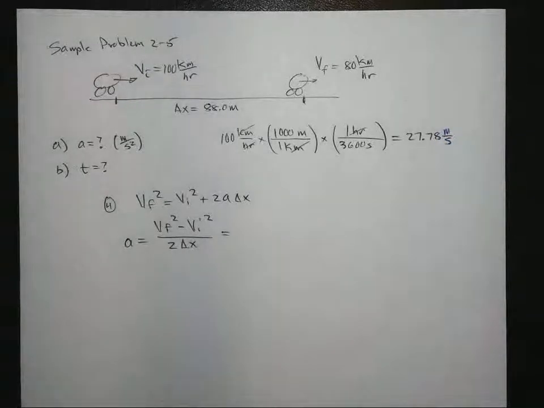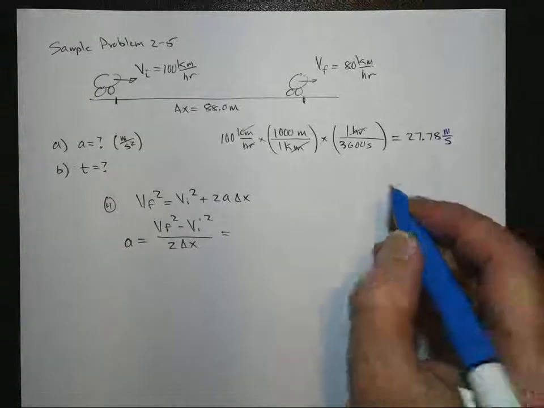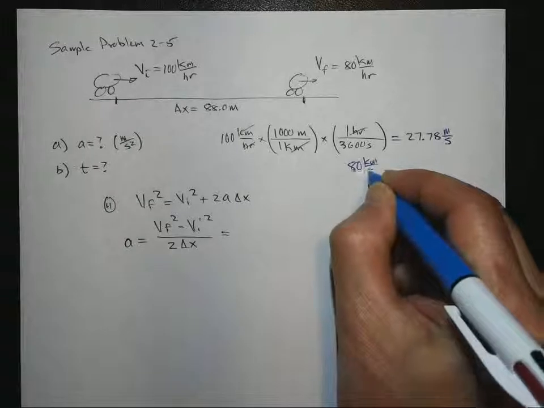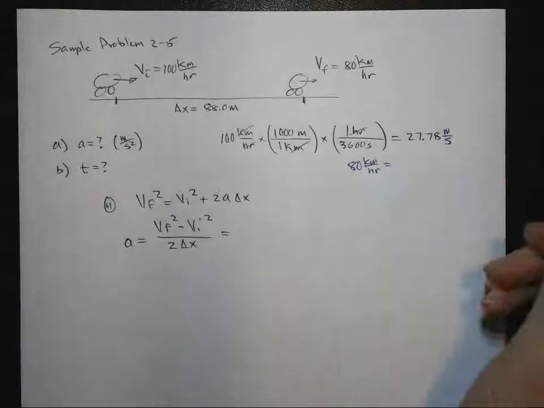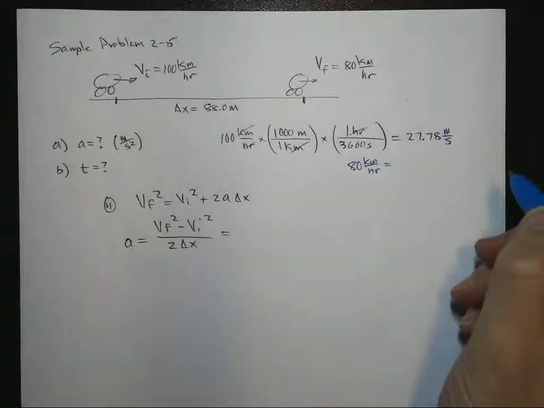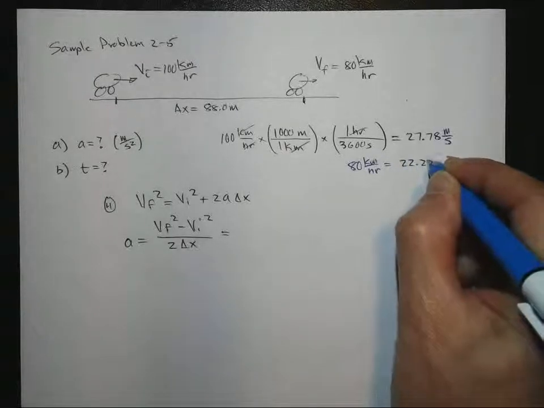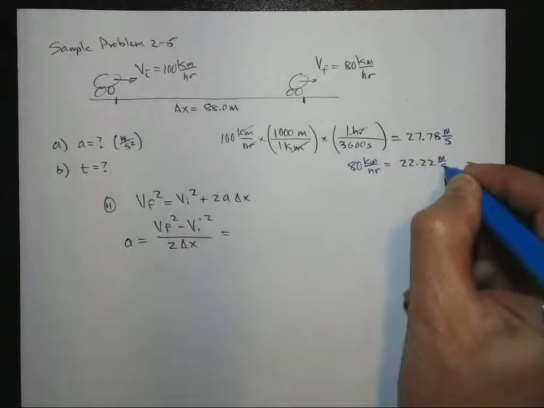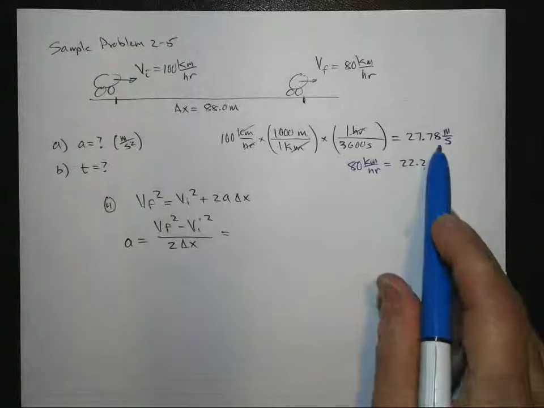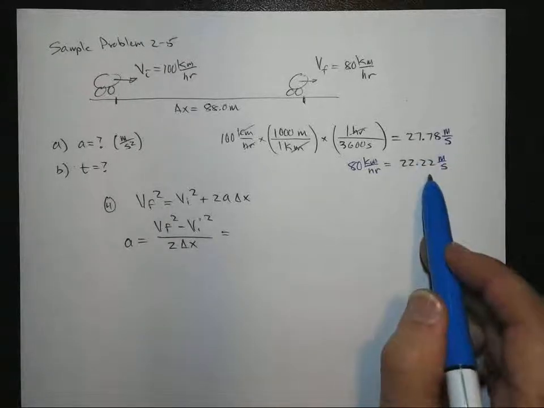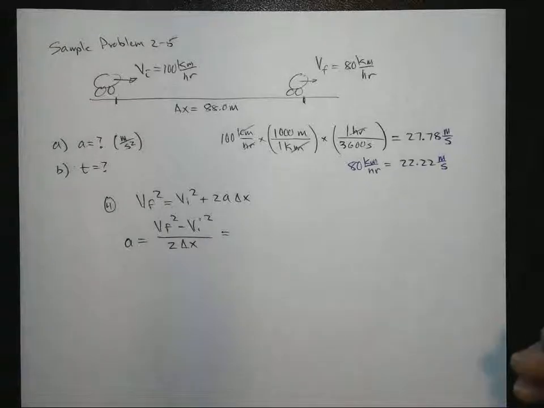In a similar manner, we could convert the 80 kilometers per hour, which converts to 22.22 meters per second. I'm going to hold on to an extra digit or two in an intermediate step, so we can round the answer at the end of the problem.